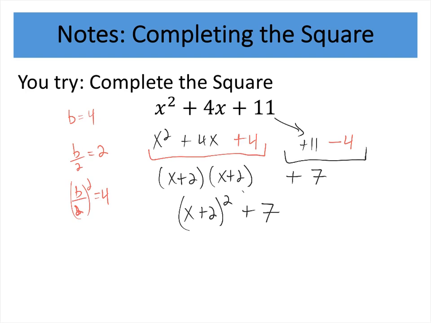Okay, and this is called vertex form, but it's for completing the square. So that's the answer that we want to get to because it's really helpful as we start graphing.